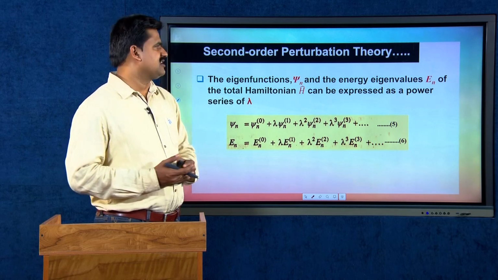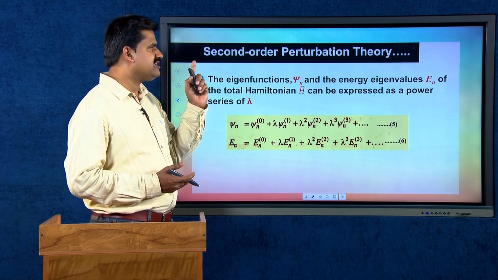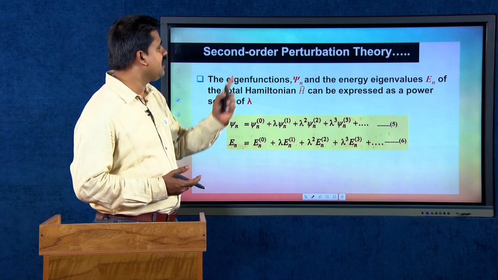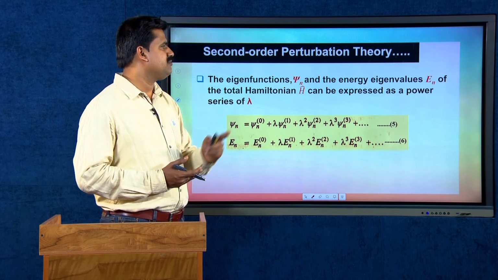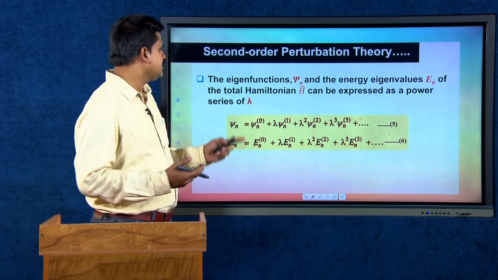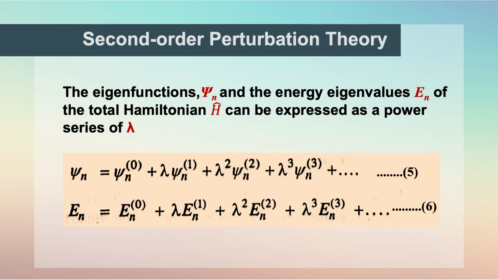The eigenfunction psi n and the energy eigenvalue En of the total Hamiltonian H hat can be expressed as a power series in the perturbation parameter lambda.